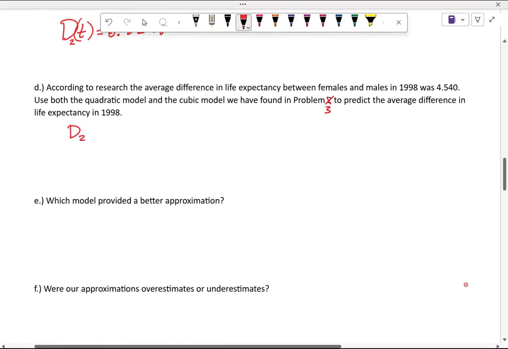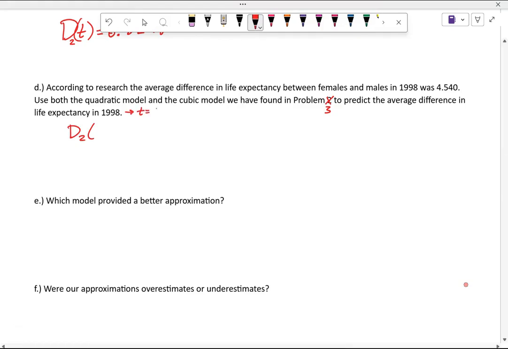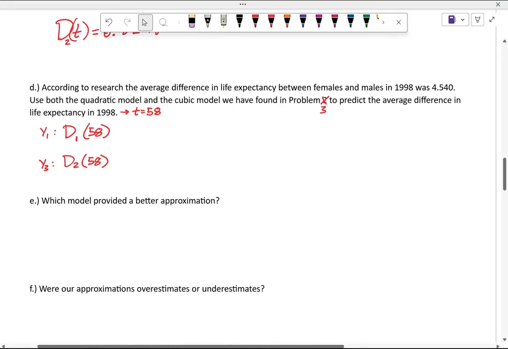So we're going to calculate, for 1998, from 1940, t would be equal to 58. We're going to plug 58 into our first one, which is under y1, and the second, our cubic regression model, which I put under y3. Let me write this down here.